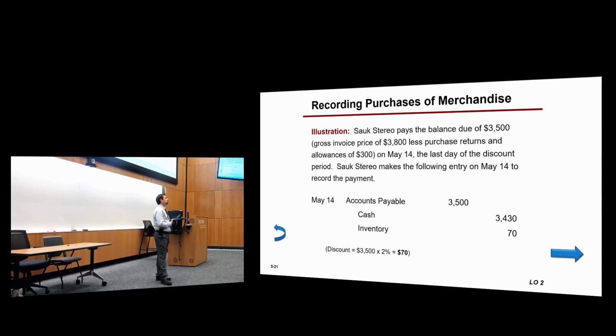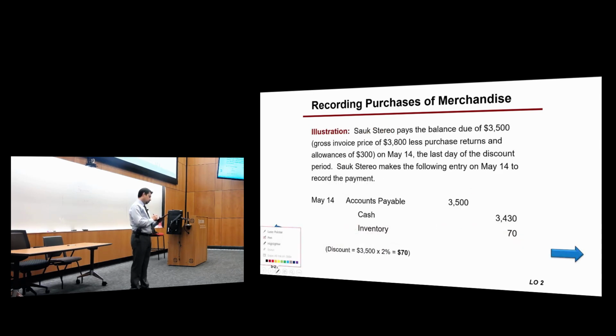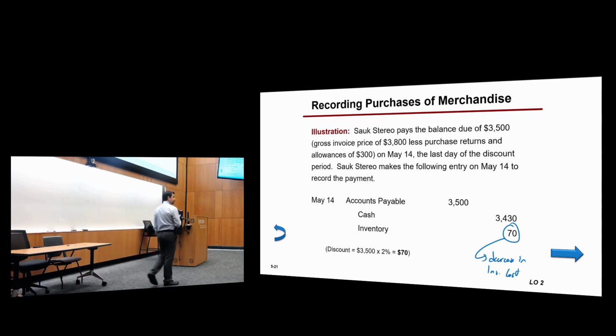What's the cost of those products now? Are they still 3,500? What's the cost of inventory? 3,430. That's the cost. As a result, the 70 is to decrease. So those 70 are to account for the decrease in inventory cost. Okay? Any questions?